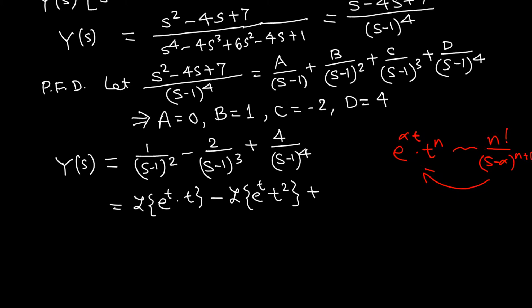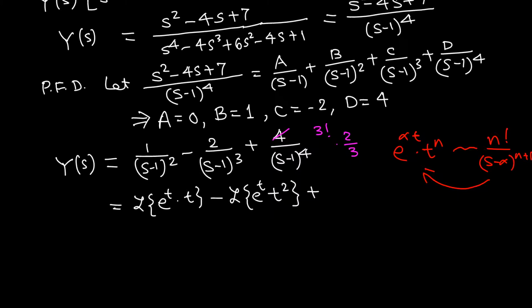Plus here, 4 means we need 3 factorial on the top. To match this, 3 factorial would be 6. I need 6, but this is 4, so I can multiply by 2 over 3, since there is an extra 2. 3 factorial is 6, and 6 times 2 is 12, divided by 3 is 4.